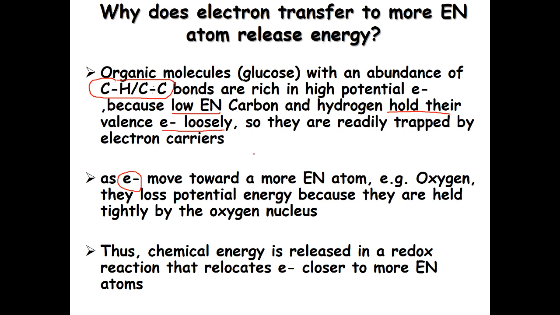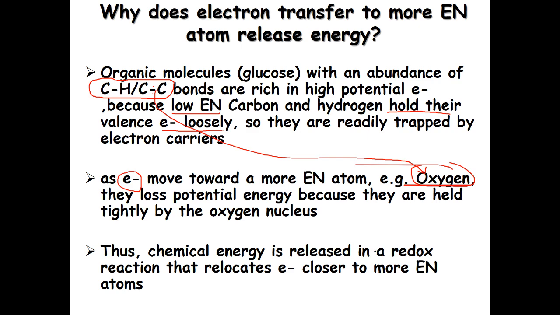The electron moving from here to here will lose its potential energy because it can't fly around as freely as before, because oxygen has such high EN. So chemical energy is released in a redox reaction.